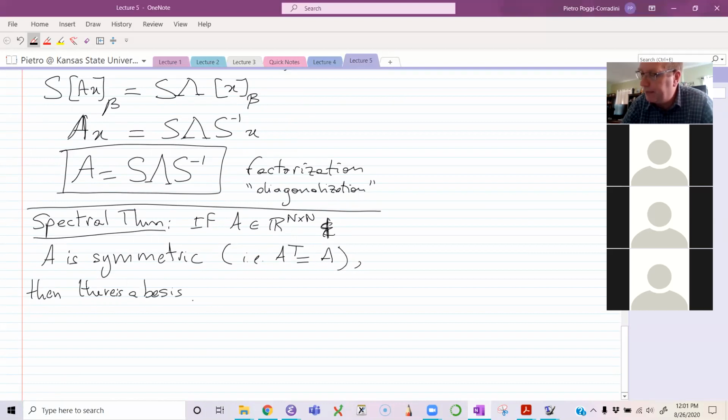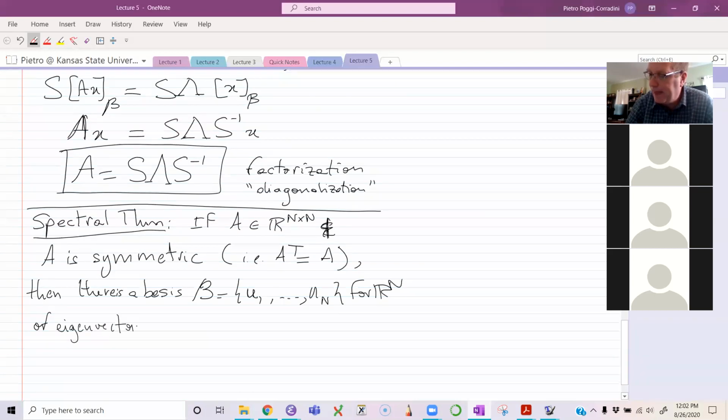again, U1, UN of Rn, of eigenvectors. So it's diagonalizable, but moreover, this basis has extra properties, so that B is orthonormal.